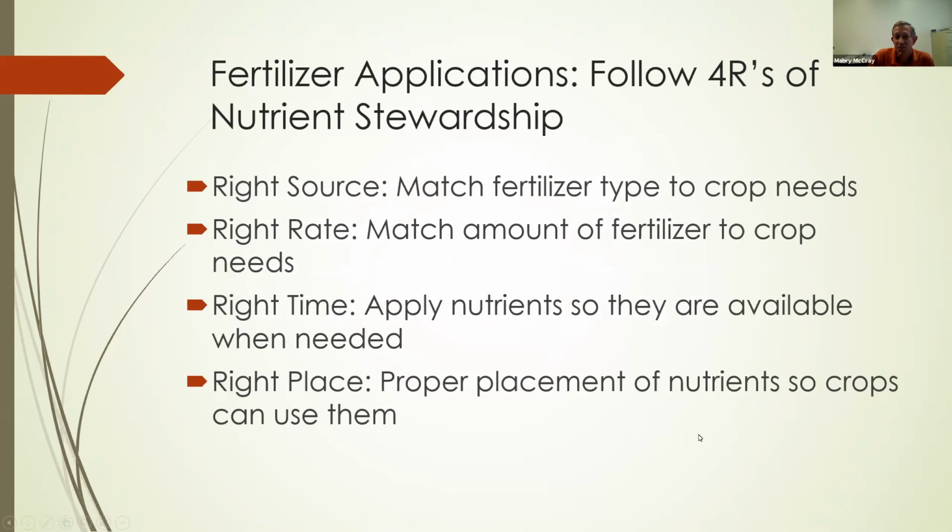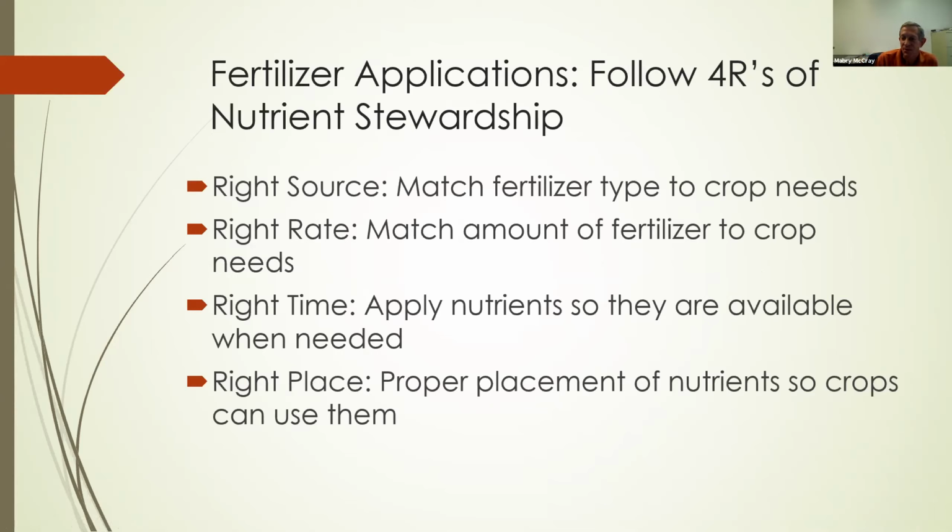So it's a good time to stop and talk about the 4 R's of nutrient stewardship and the importance of them. First, the right source. Match the fertilizer type to the crop needs. This might be whether it's granular or liquid.